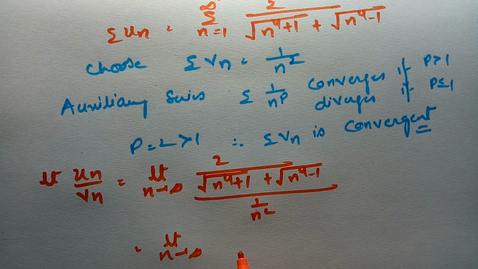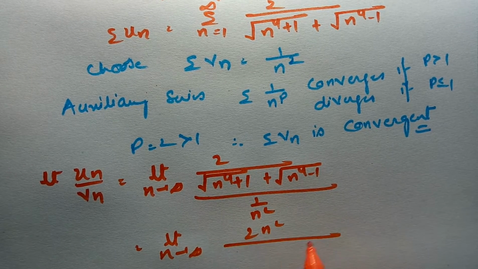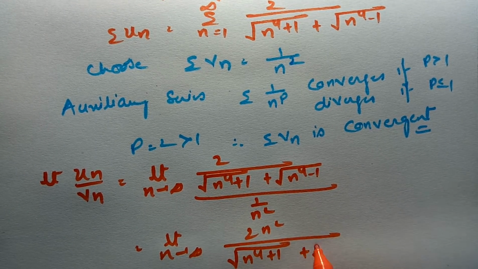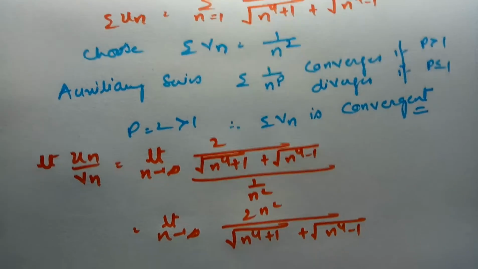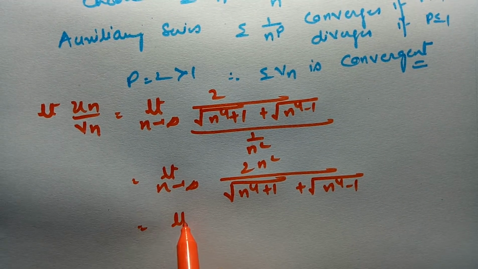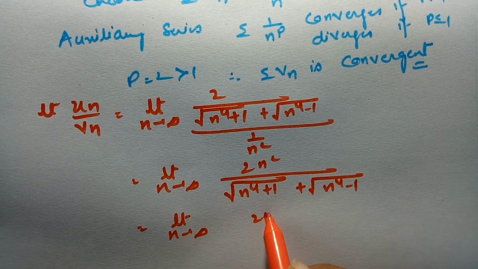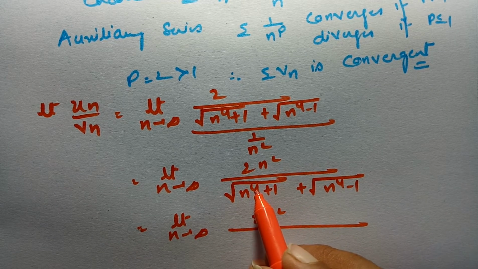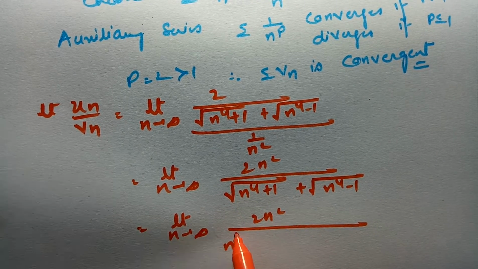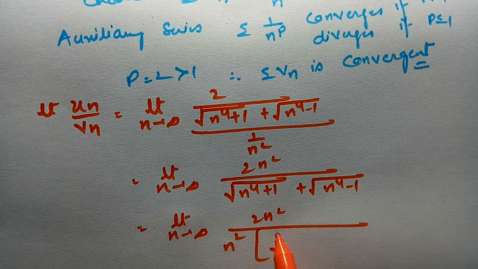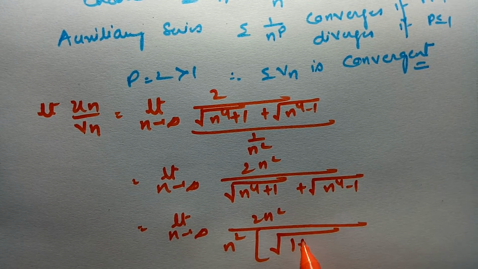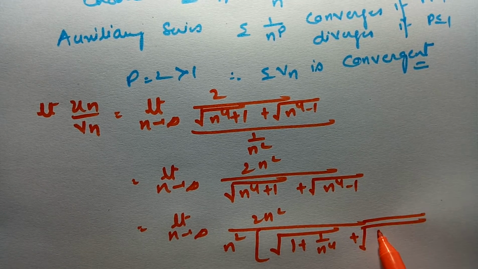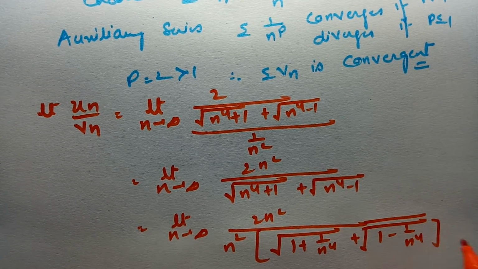If I take the reciprocal, then it will be 2n square by root over n power 4 plus 1 plus root over n power 4 minus 1. If I take n power 4 common from the root, then this will be n square, and inside we get root over 1 plus 1 by n power 4 plus root over 1 minus 1 by n power 4.